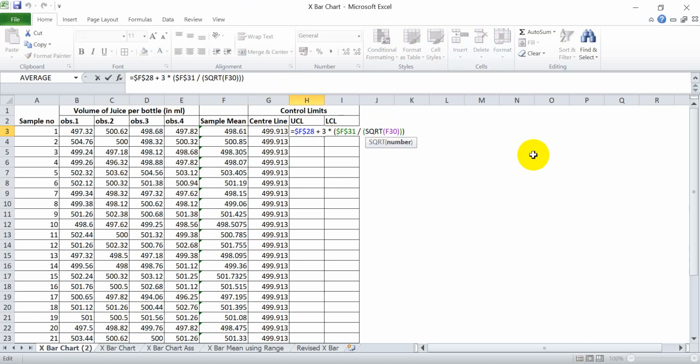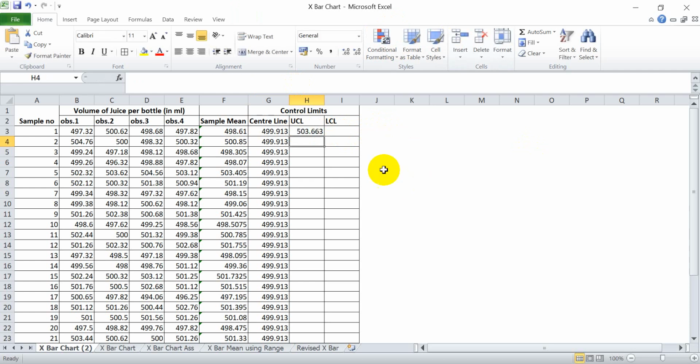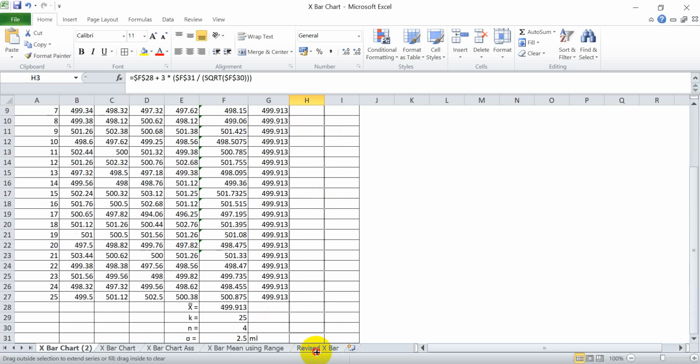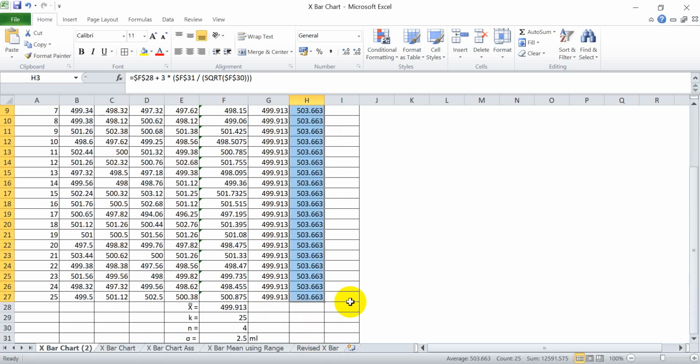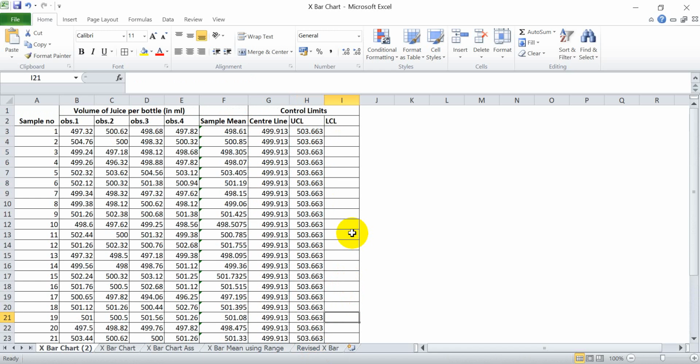Let's freeze it because we have to drag this. Okay, now I get the UCL, upper control limit. Now we'll calculate the LCL. It's the same, just in the LCL we have to put a minus instead of plus here. Just change this to minus. That's all.